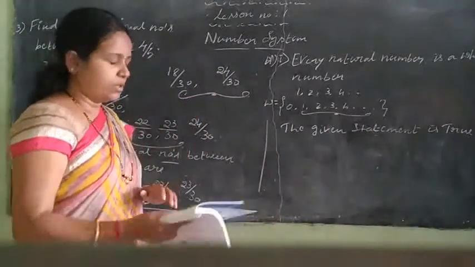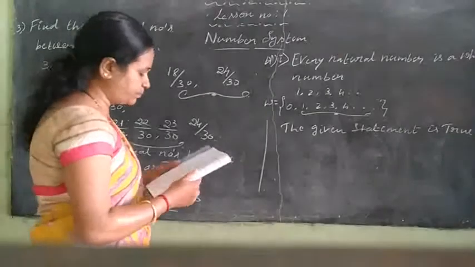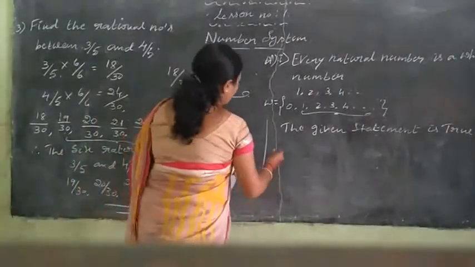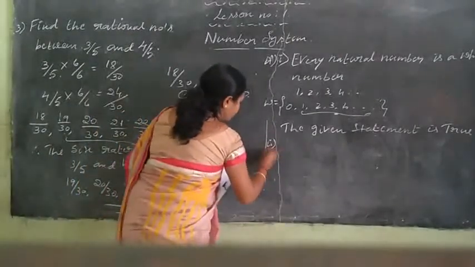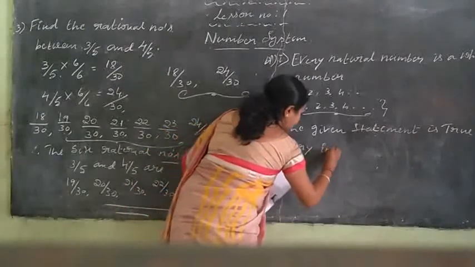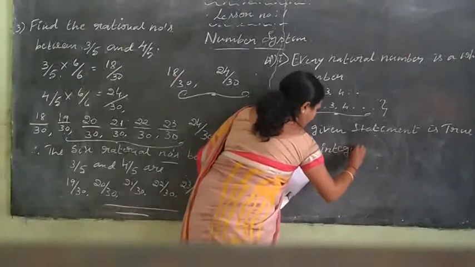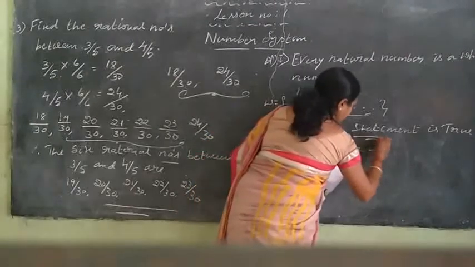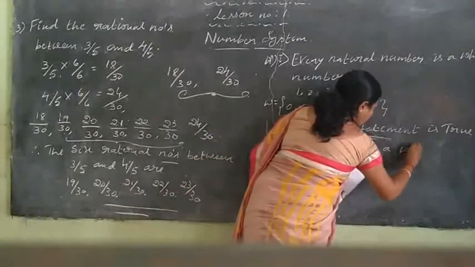Understood? Okay. See the next one, children. Every integer is a whole number. Second one. Every integer is a whole number.